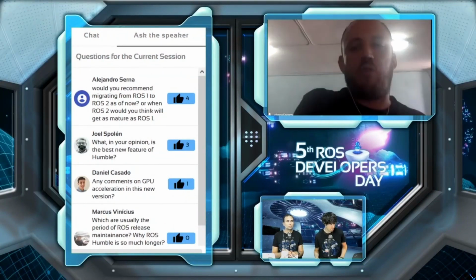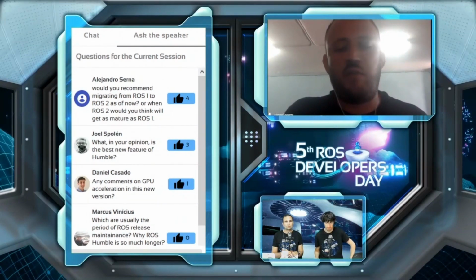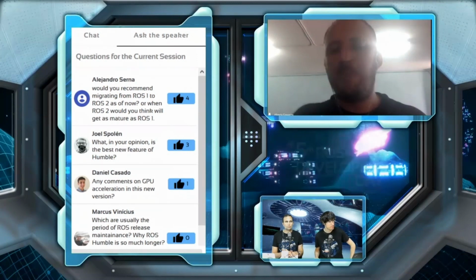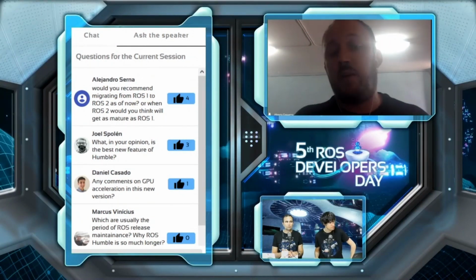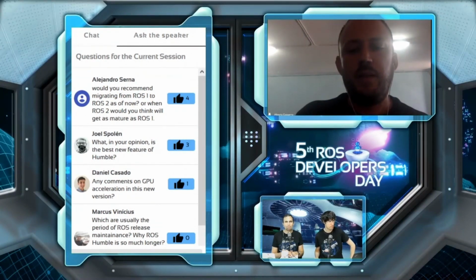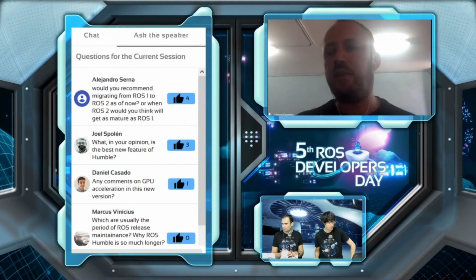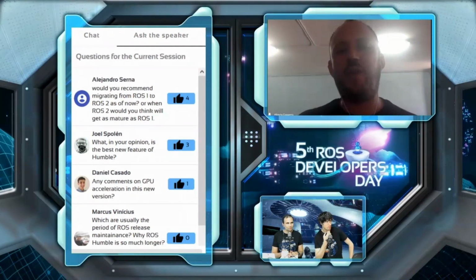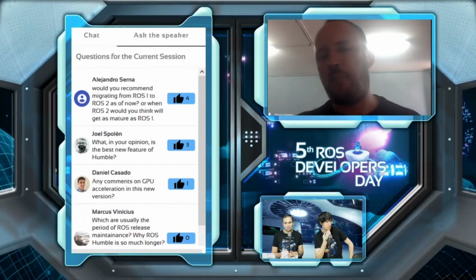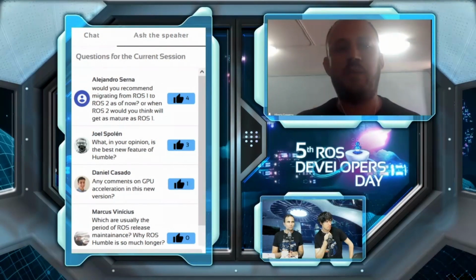In comparison with ROS 1, which is basically super stable now and things are not changing. So if you have one thing working, it's going to be working forever, basically. Then, in general terms, I would say that it's interesting to migrate already to ROS 2, but you have to make sure that whatever your project is about, you already have a good background of packages and things that you are going to need in ROS 2.